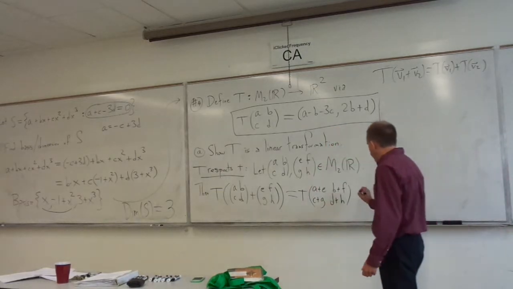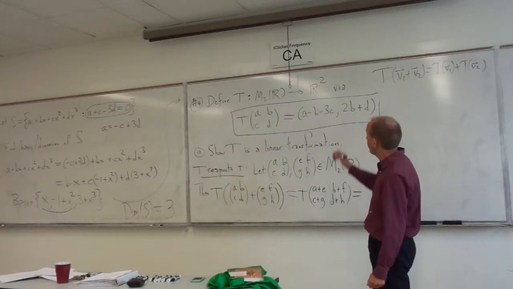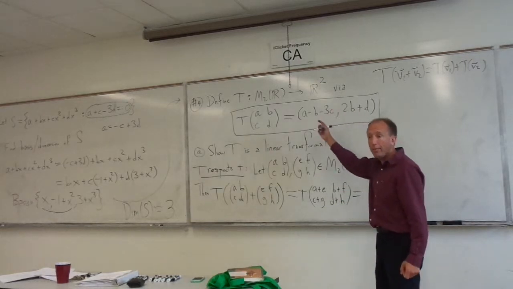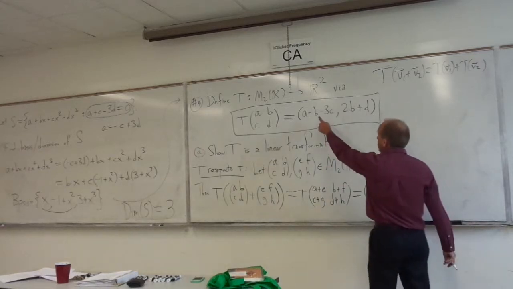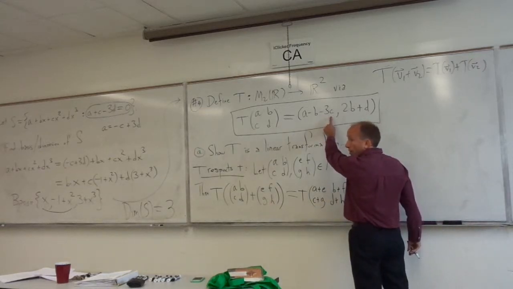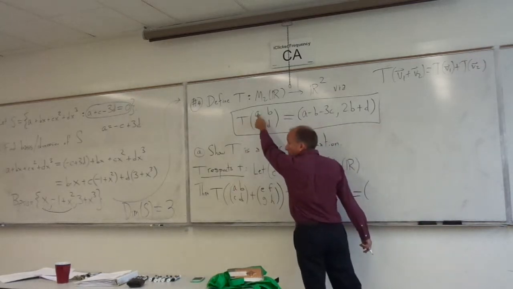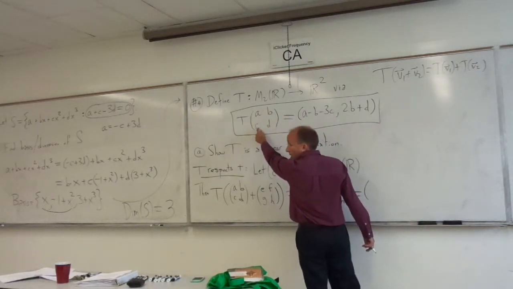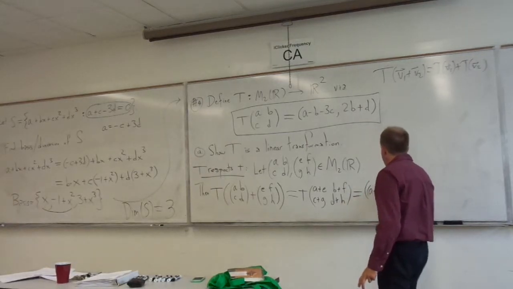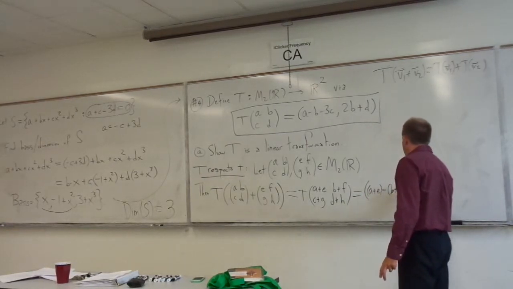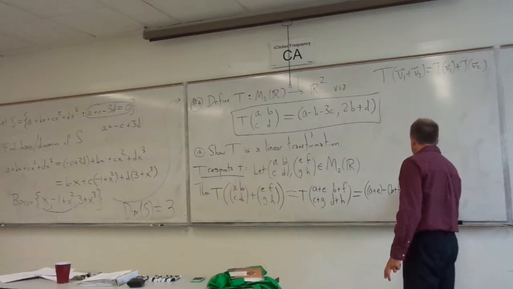All right. And now we can apply the formula that we were given for the transformation. So the first entry is A minus B minus 3C. In other words, it's upper left minus upper right minus 3 times lower left. So if I apply that here, I have upper left minus upper right minus 3 times lower left.